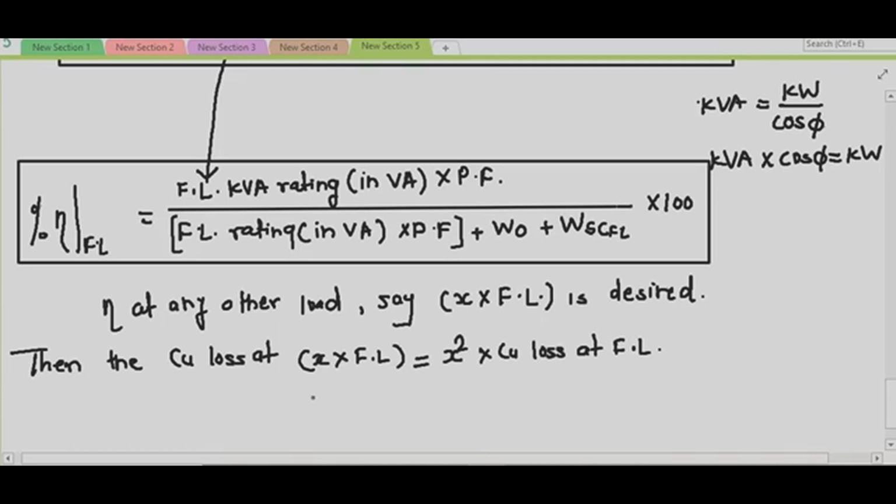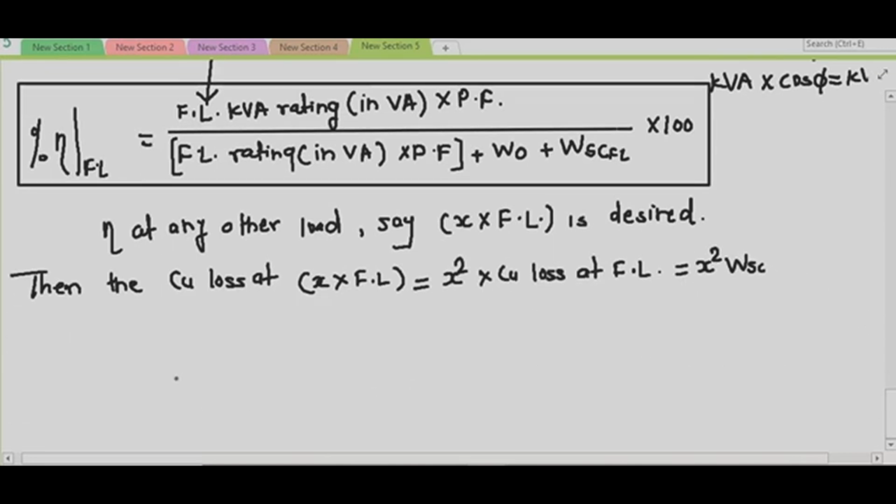Why? Because copper loss is proportional to current square, right? So this I can write down as x square into WSC, because my WSC is giving me the full load copper loss. So your efficiency formula will get changed.